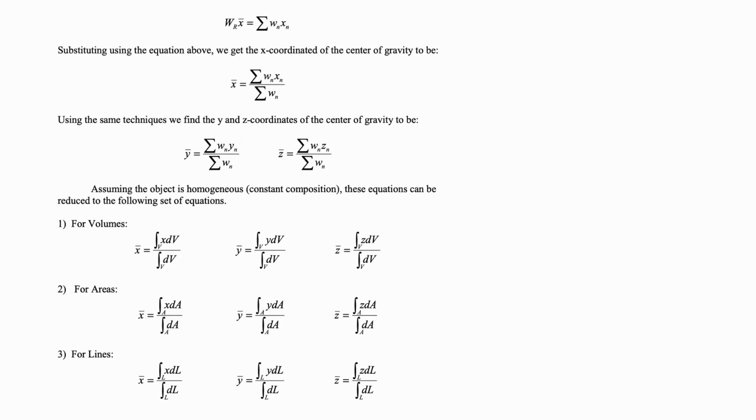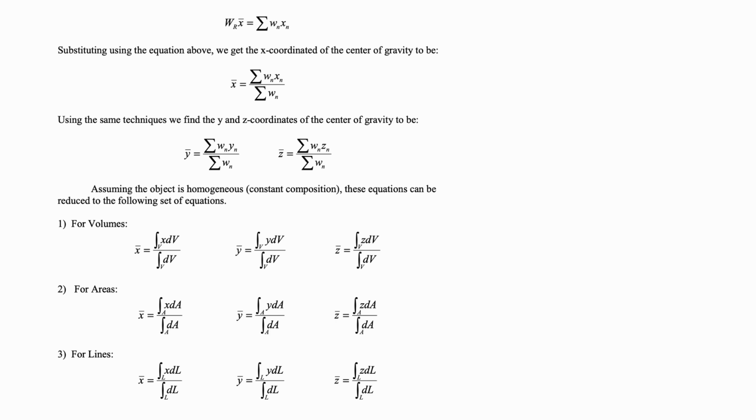So we start with the equation WR times x equals the sum of Wn times xn. Using this equation, we get the x-coordinate of the center of gravity: x equals the sum of Wn times xn, divided by the sum of the weights of all particles.